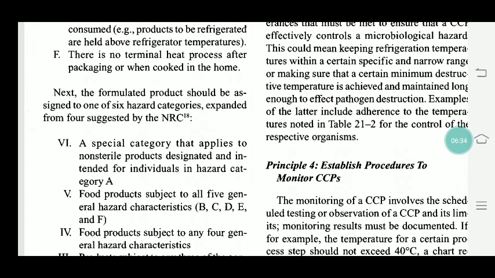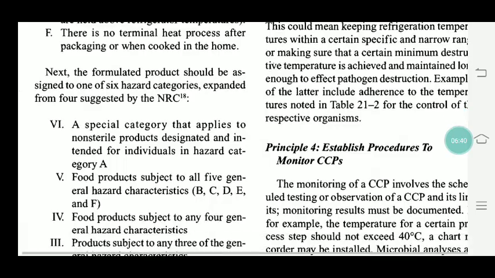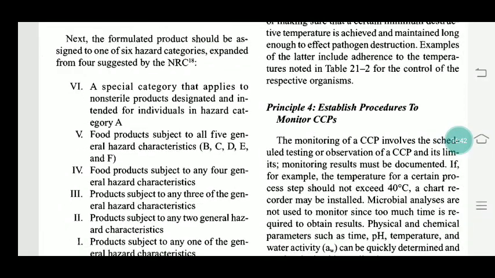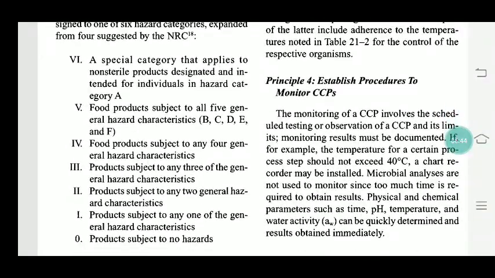Now there are 1 to 6 hazard categories assigned, expanded from the 4 suggested by the NRC. So a special category that applies to non-sterile product designed and intended for individuals in category A. So that is the A category.